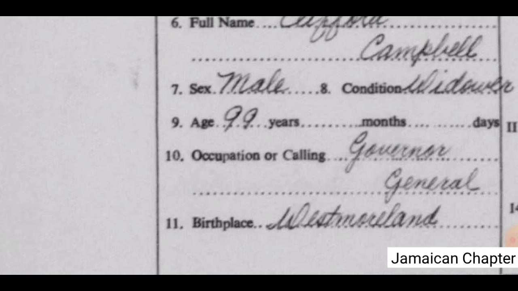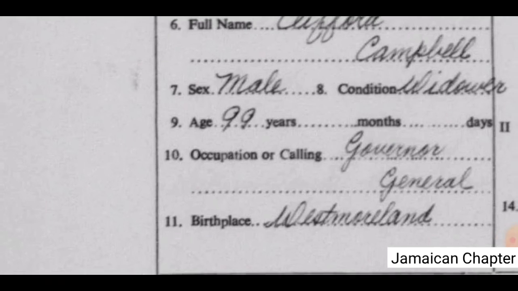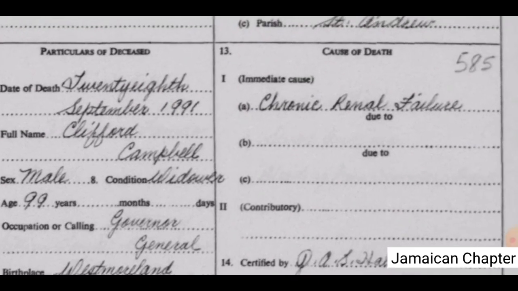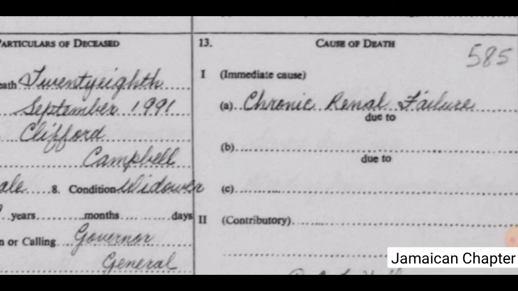Now, let's move over to the other side of the form. And over on the right side of the form, we see the cause of death. Many people were not aware of what the first Jamaican, first black Governor General of Jamaica died from.